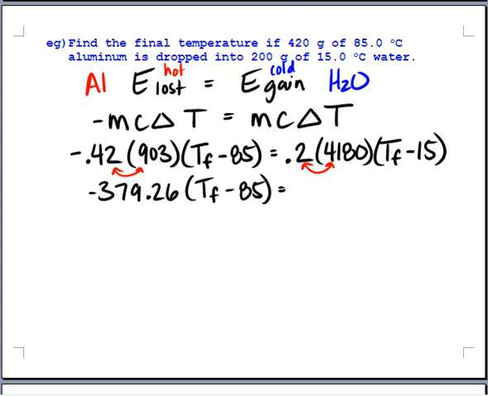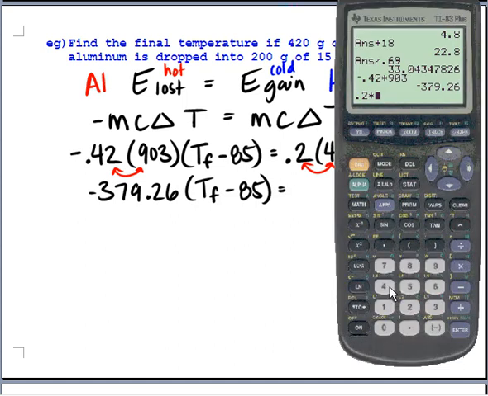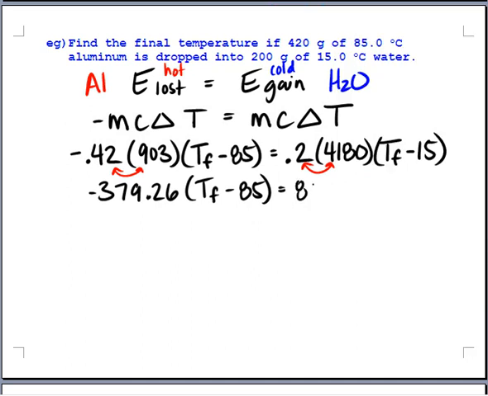And then we want to combine the 0.2 and the 4180: 836. So this is a little bit tedious now, but it's not hard, just time consuming. So we end up with those values, and now you can distribute into the brackets and then start collecting all your like terms.